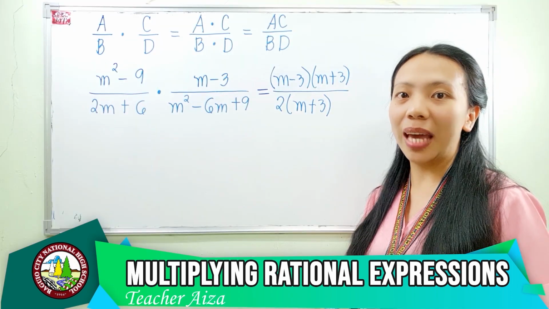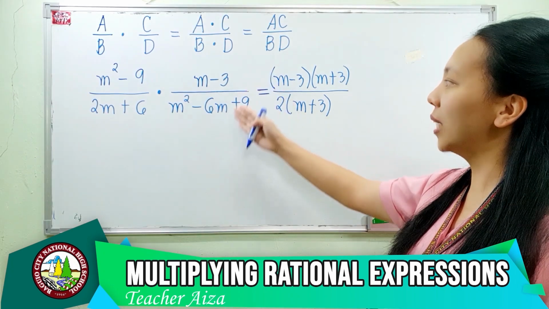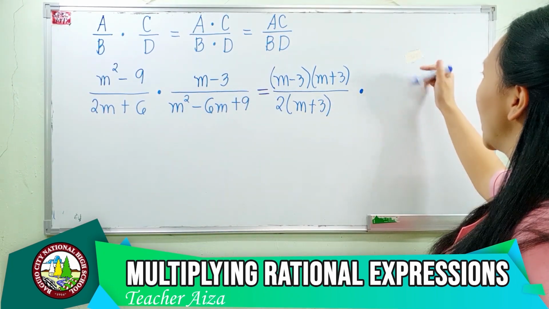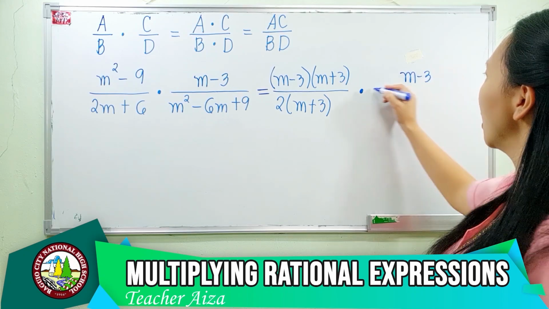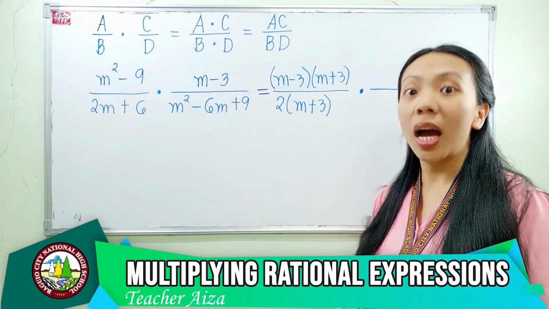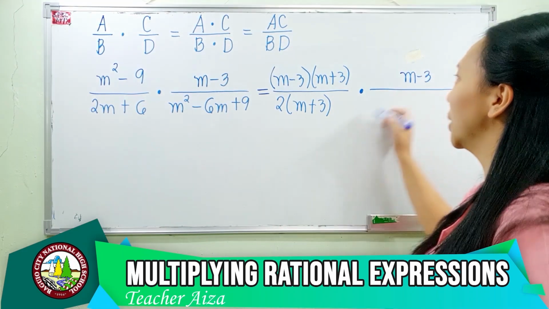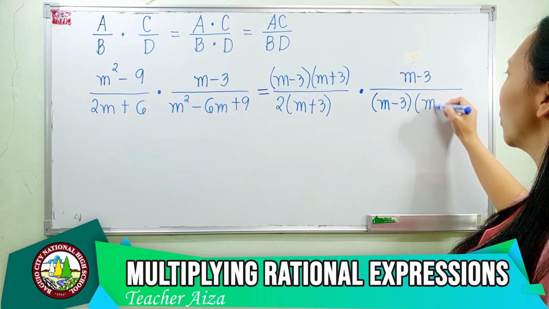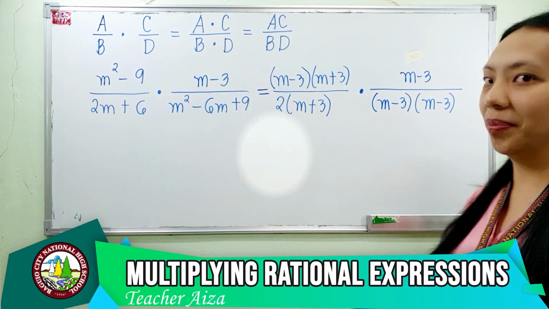Let's multiply that by the factored form of the second RAE. We have the numerator m minus 3 and the factored form of the denominator, a perfect square trinomial, which is the quantity m minus 3 times the quantity m minus 3.